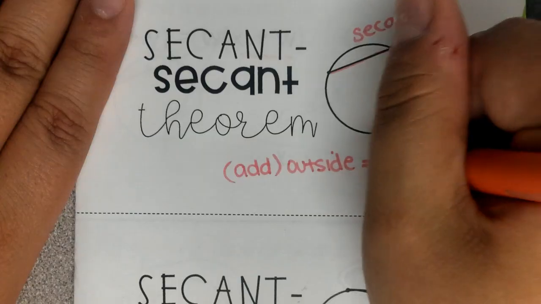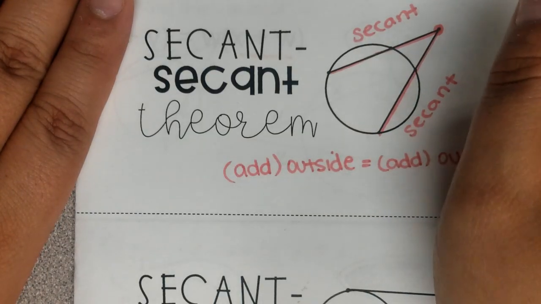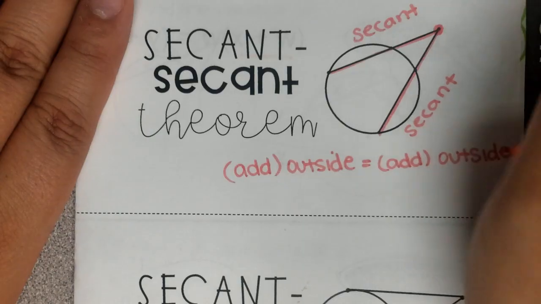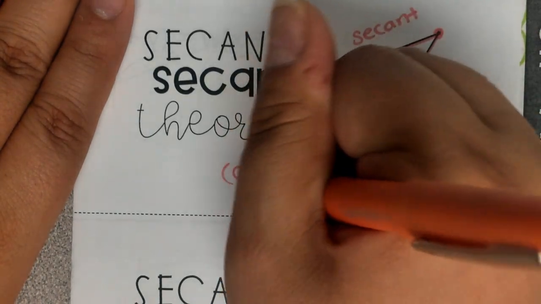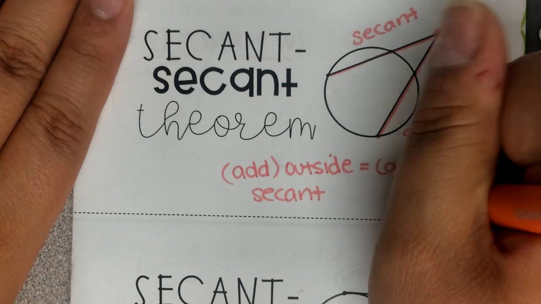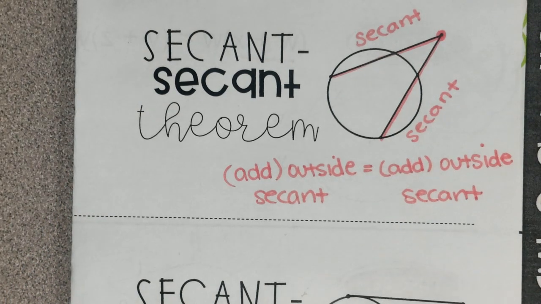And then on the other side, you add together the numbers and then multiply by your outside. That is when you have a secant and a secant. Does that make sense? Add them together, multiply by the outside, then do your other secant. Add it together, multiply by the outside.